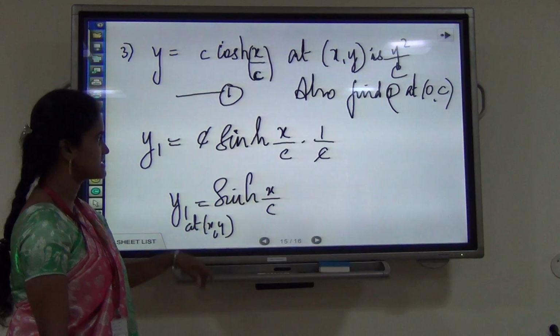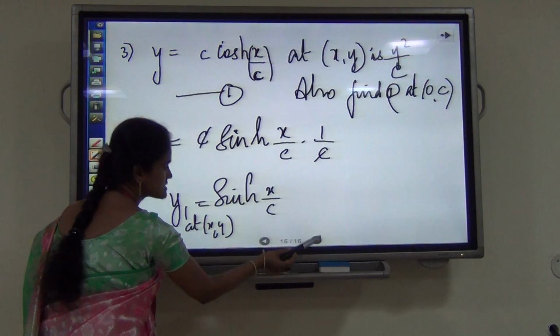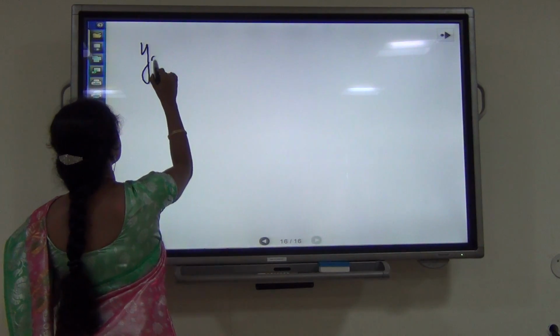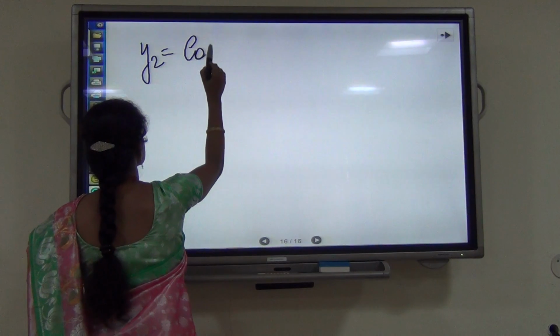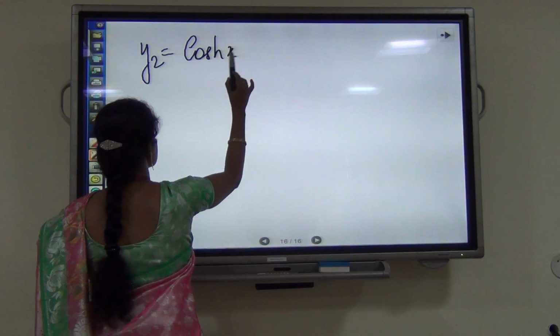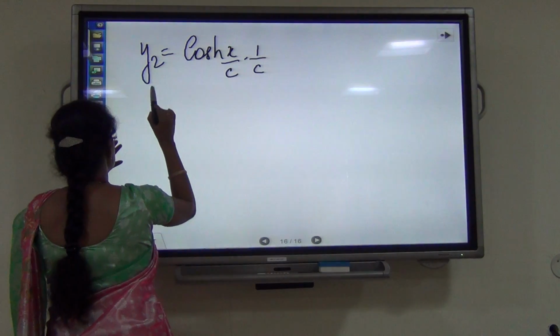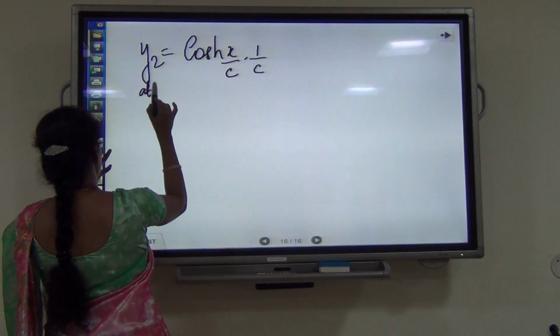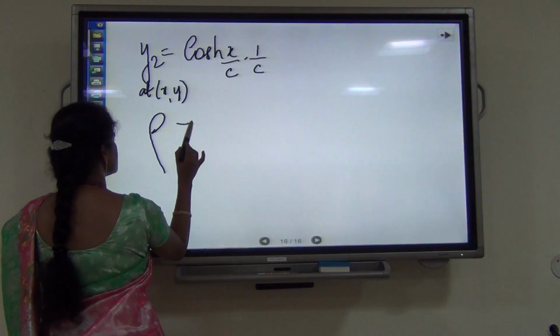Now we have to differentiate this again to find y2. Differentiation of sinh is cosh, so the hyperbolic function sinh(x/c) gives cosh(x/c) into the angle differentiation, 1 by c. So this is y2 at the point (x, y). Let us substitute that in rho.